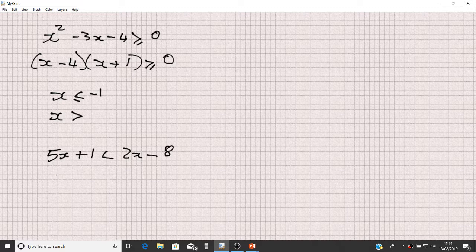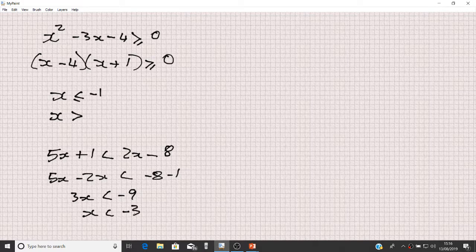So bring the x values to the left. 5x minus 2x is less than minus 8 minus 1. So I have 3x on the left is less than negative 9, and x therefore is less than negative 9 divided by 3, which is negative 3. So we're looking for the range of values that satisfies both.